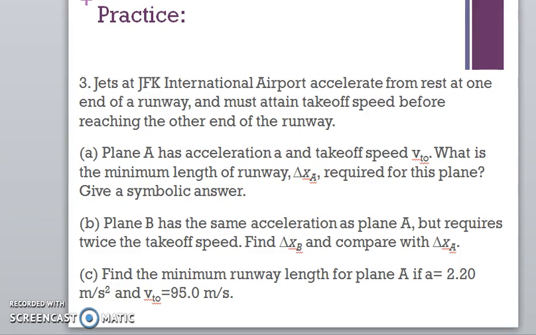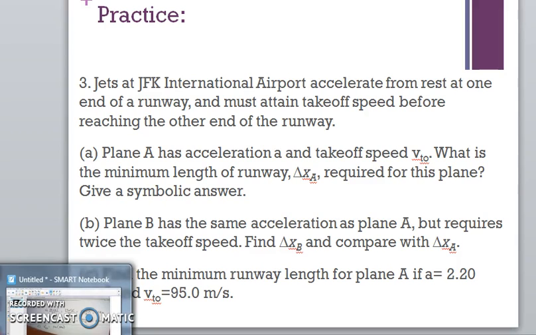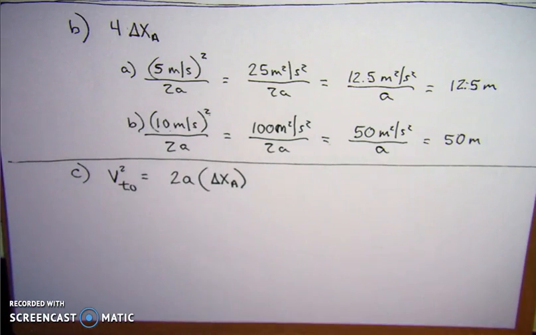Okay, and for the last part of this, it says, find the minimum runway length for plane A if the acceleration is 2.20 meters per second squared and the velocity at takeoff, our final velocity, is 95.0 meters per second. So what we need to do now is just fill in the variables with these numbers and solve for distance. So let's go over here.